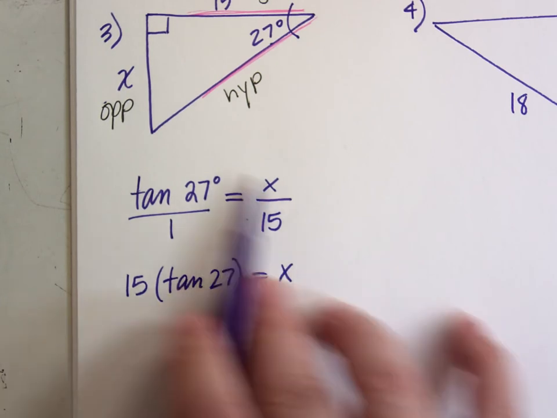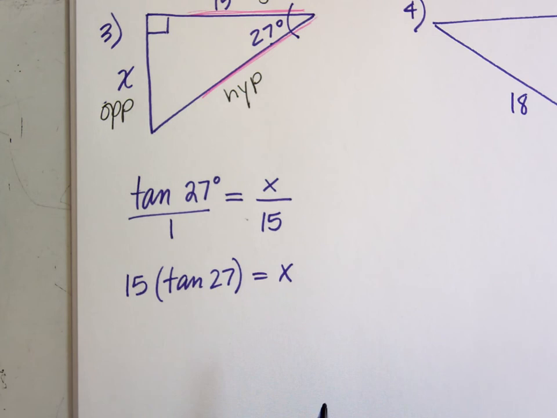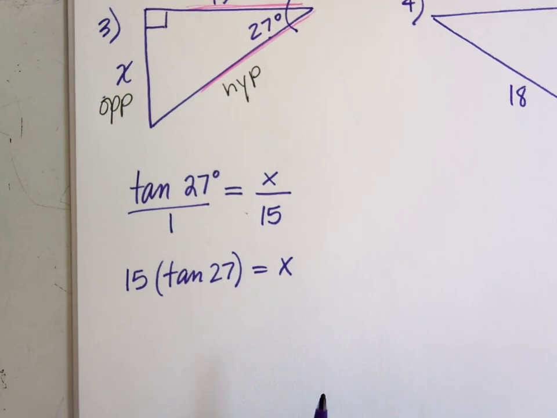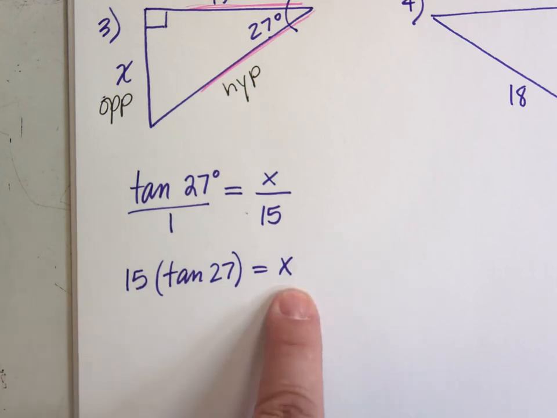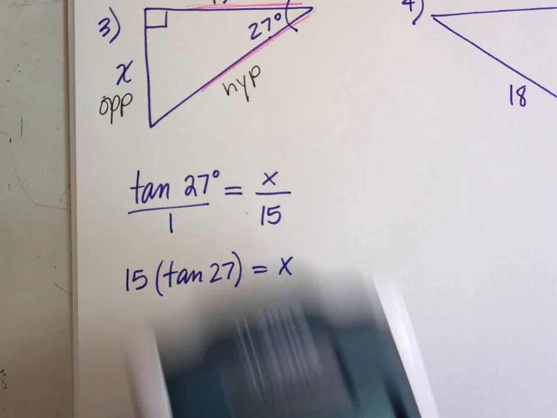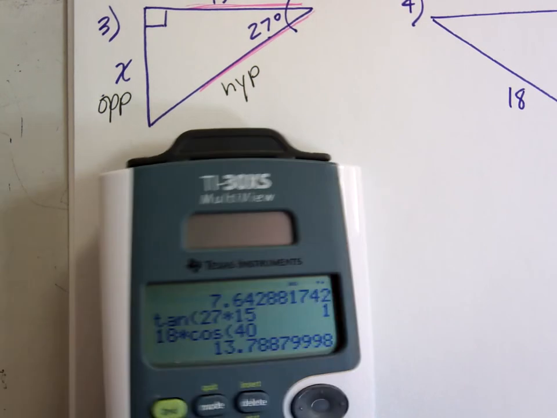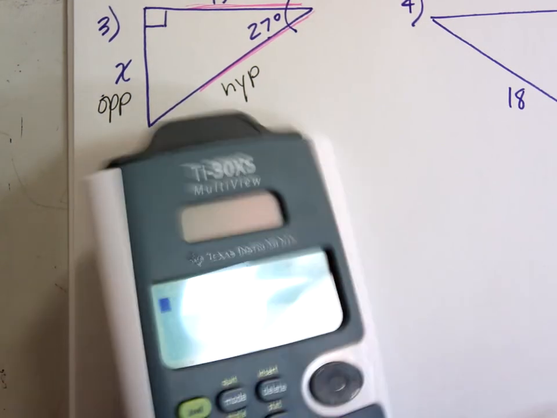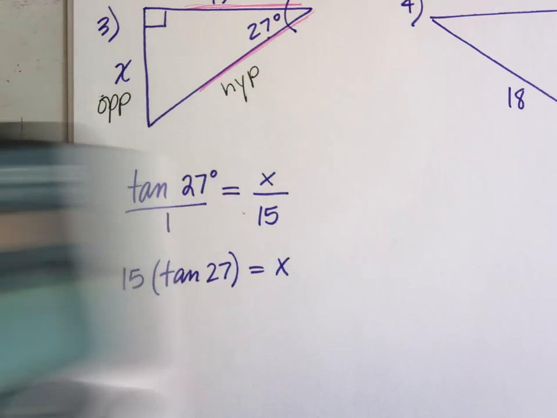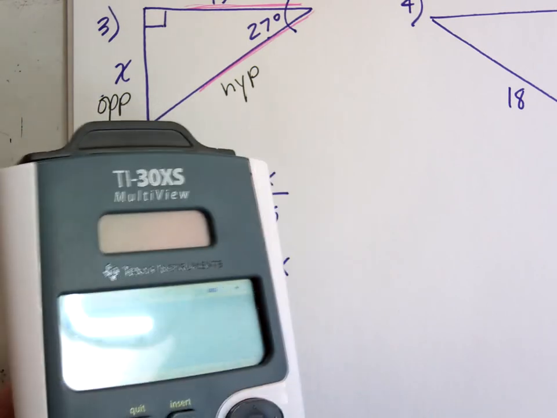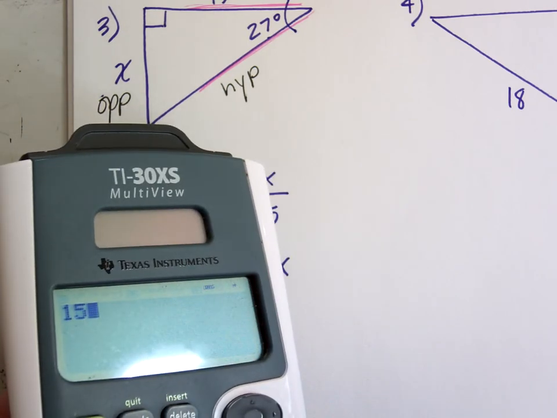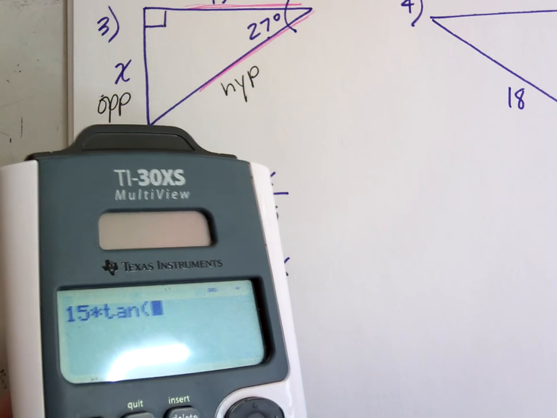So after you cross-multiply, you use your basic equation solving skills to get x alone, and you don't touch the calculator until x is alone. Now that x is alone, this tells me what to put in the calculator to get x. I'm going to do 15 times tan 27.